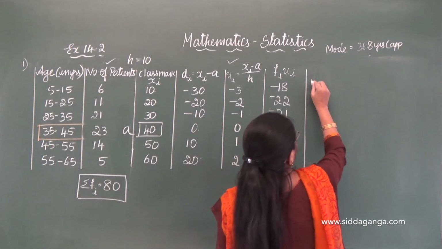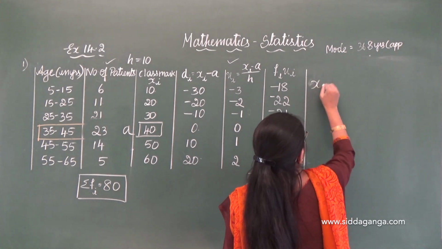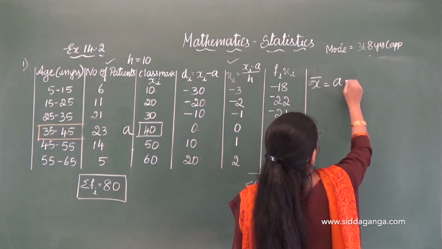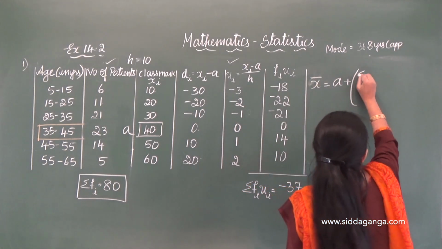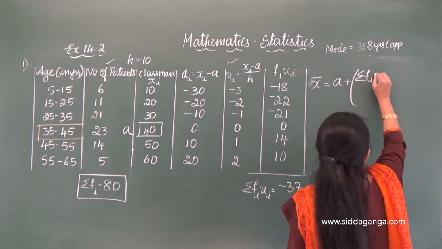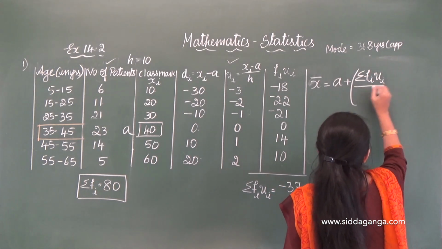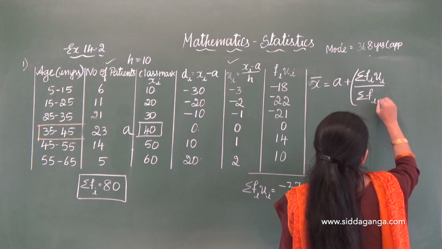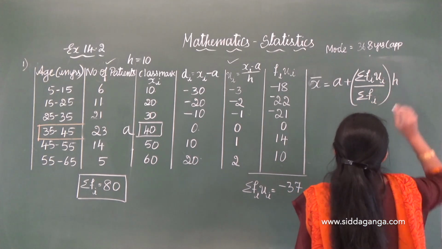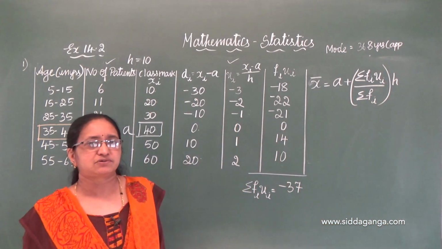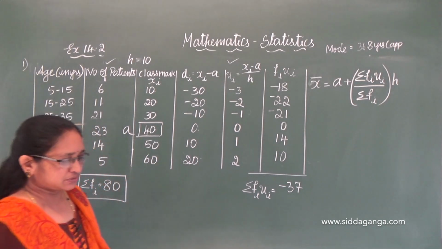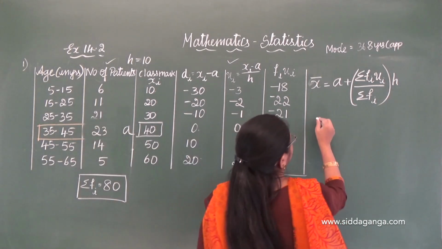Mean is equal to a plus sigma fi ui divided by sigma fi, into h. Write the formula first, then substitute the values.